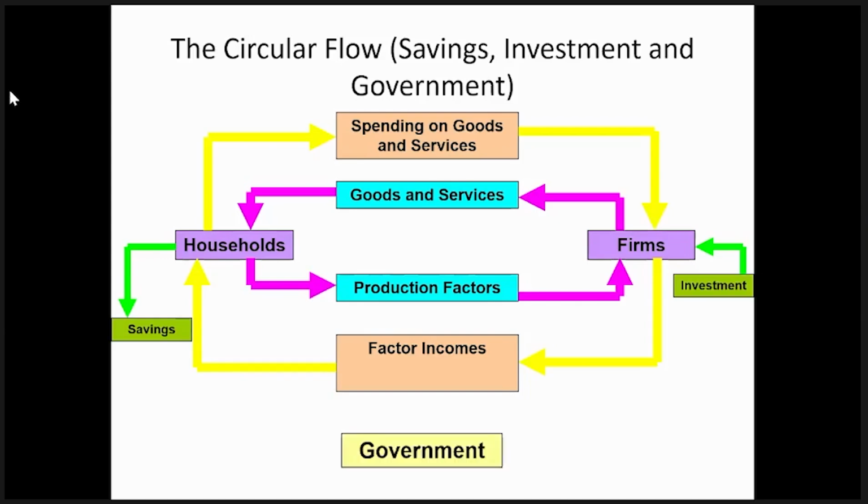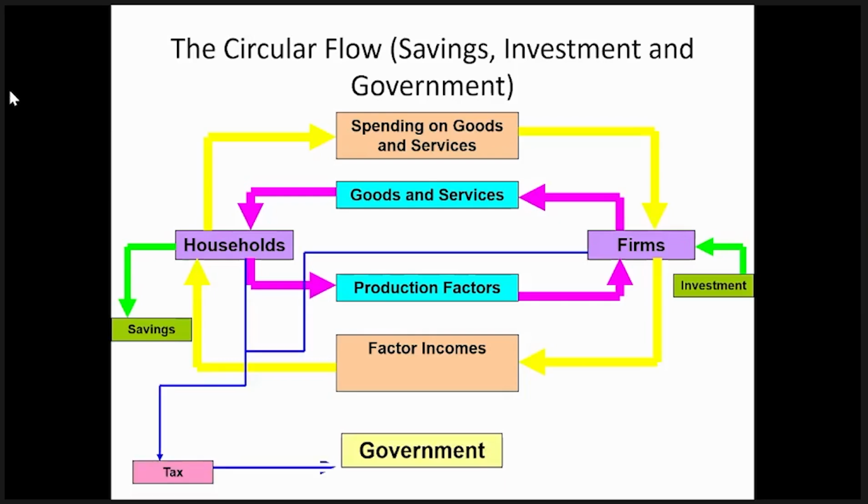So we introduce the government. When we introduce the government, automatically something called tax comes. Right? So to run the government, we need tax, we need income. So what does government do? Government will take tax from the households, maybe income tax or goods and services tax, whatever it is.